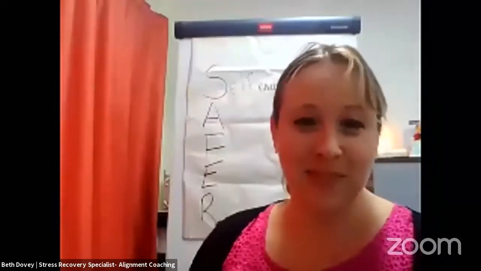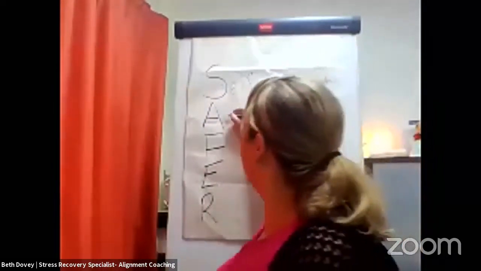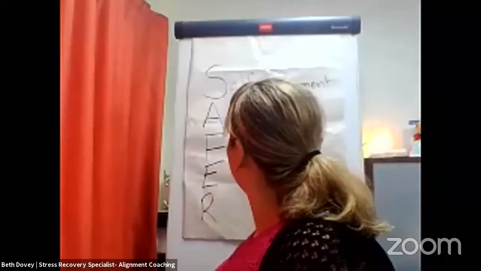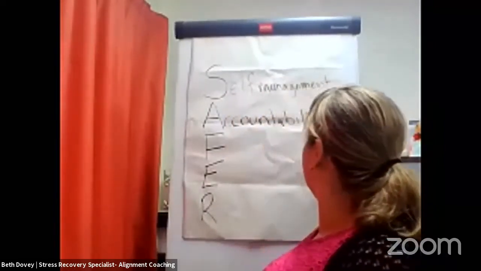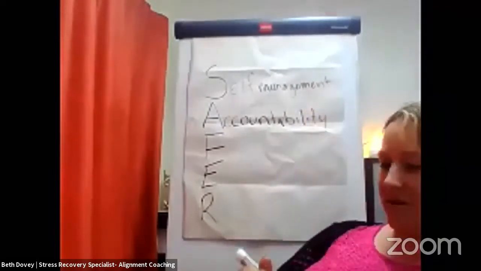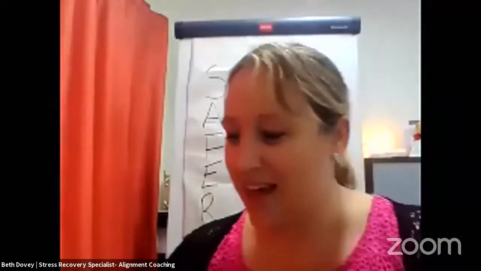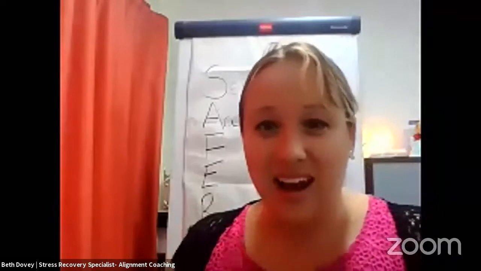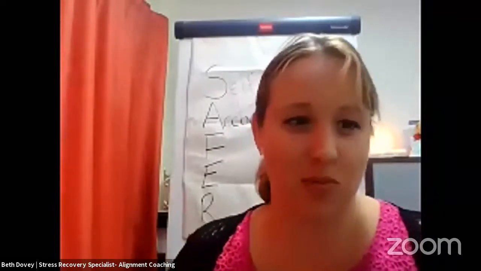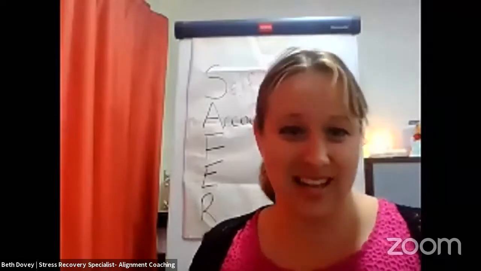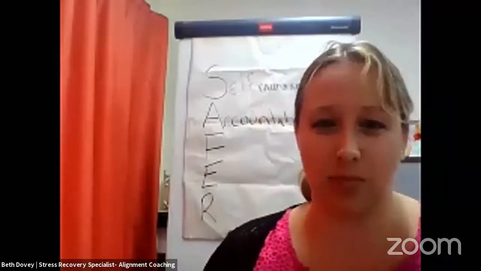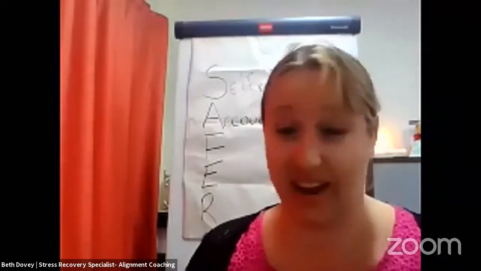The second one, accountability. This is something when it comes to building trust with people, when it comes to customer service in our teams, we need to be accountable for what we do and our actions.